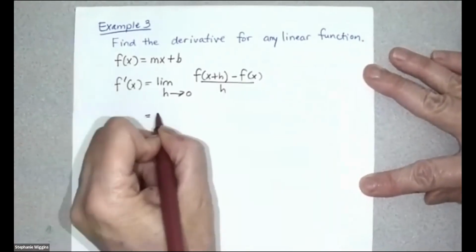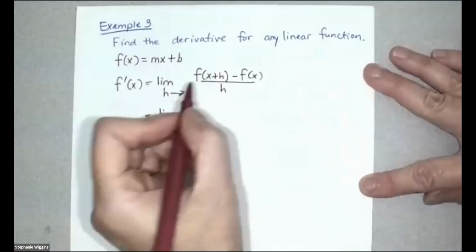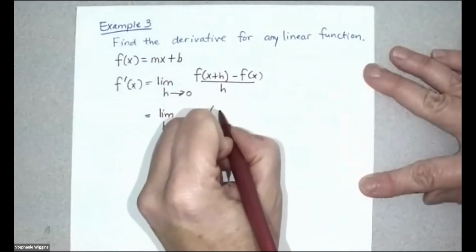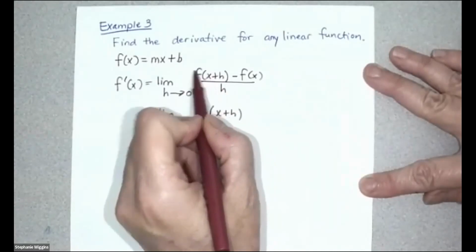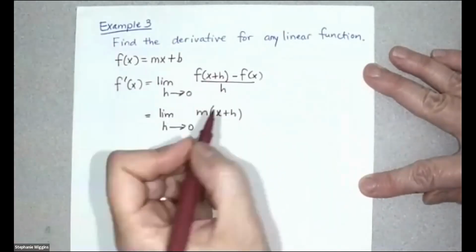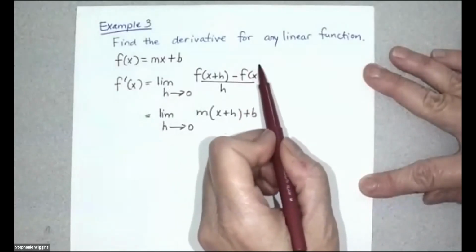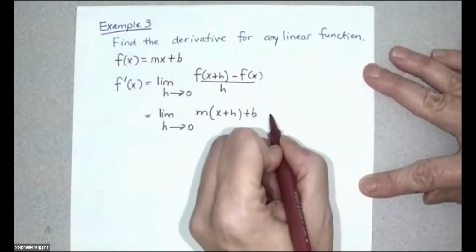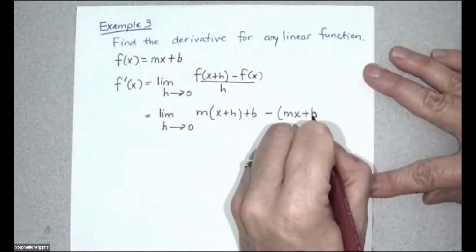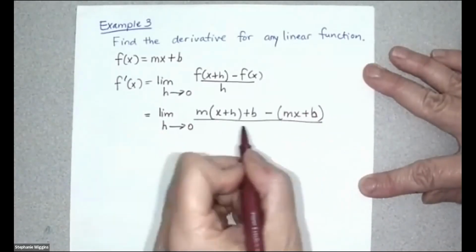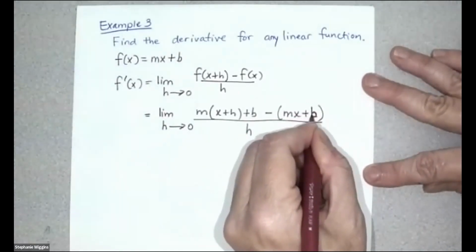So this is going to be the limit as h approaches 0 of m times x plus h. Right here we have mx, so I'm just replacing the x with x plus h. And then, of course, plus b. And then I'm going to subtract my function, which is mx plus b, divide that by h, and this is a b, by the way.